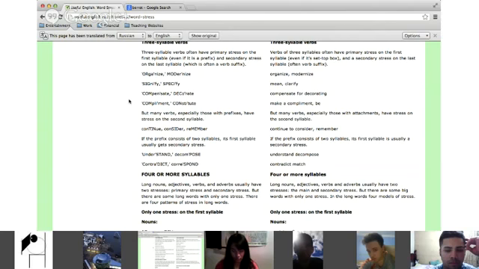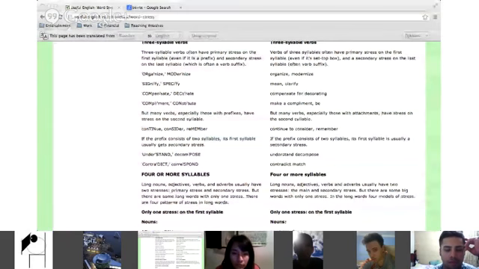There are exceptions all over the place in English, and it will just take practice. So have patience with yourself as you are practicing and figuring out how to pronounce these words. These are basic rules to help you assess certain words and figure out how to pronounce them as best you can.